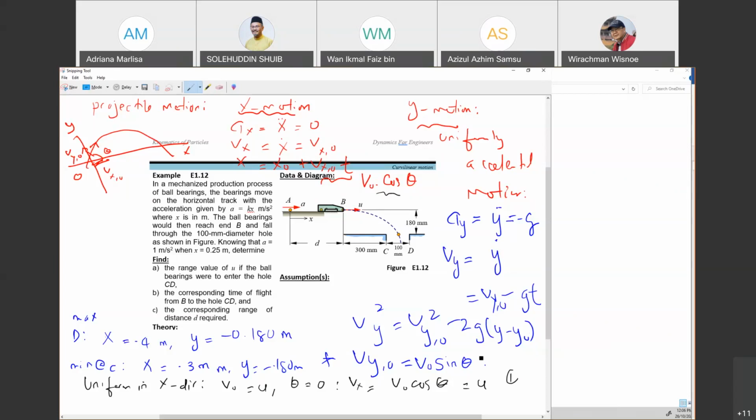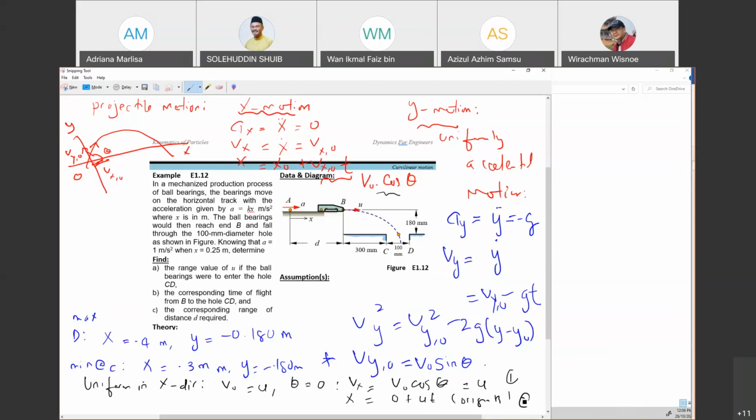And then for x pula, sama tadi lah, guna yang tadi x, this one lah, x equal to 0 plus u t, origin B. This one equation 2.